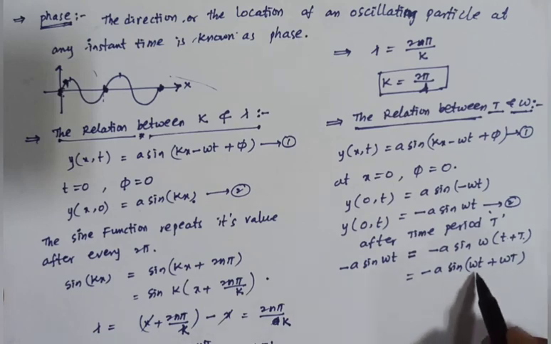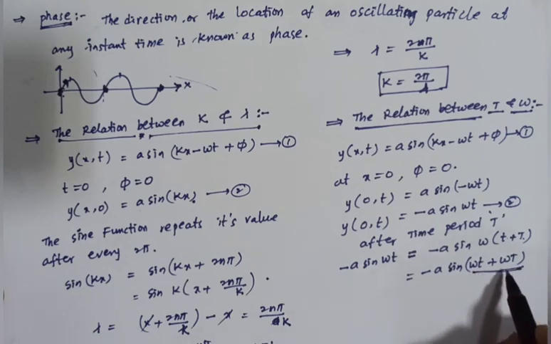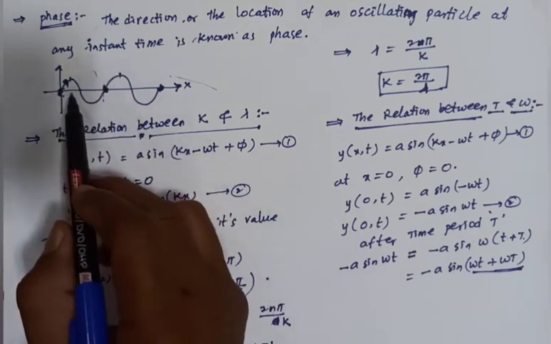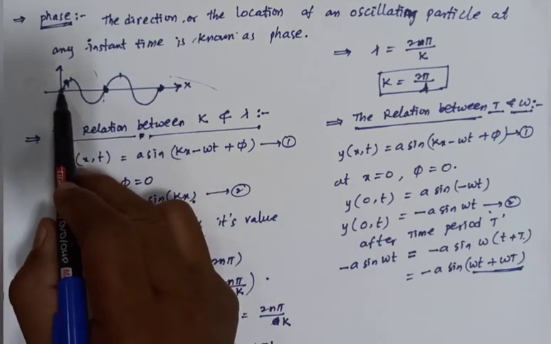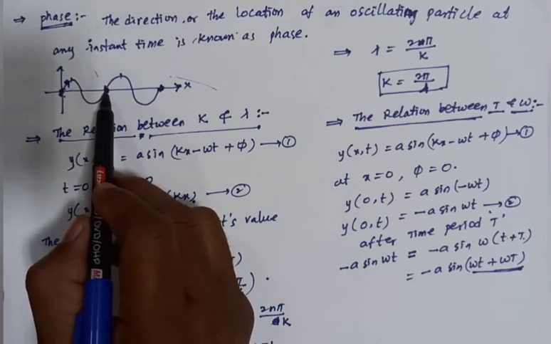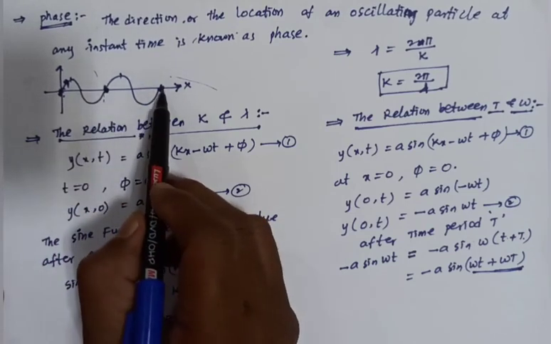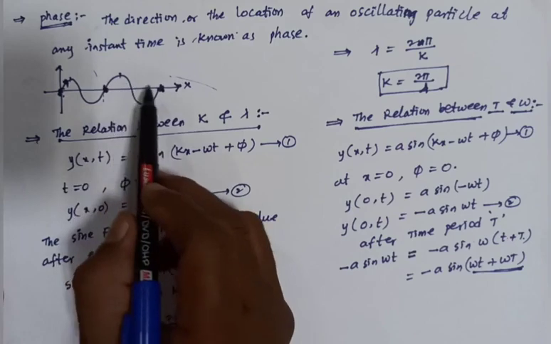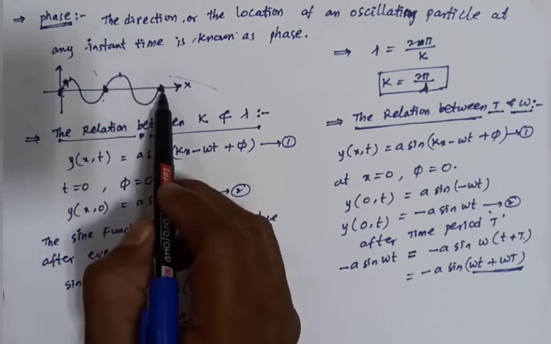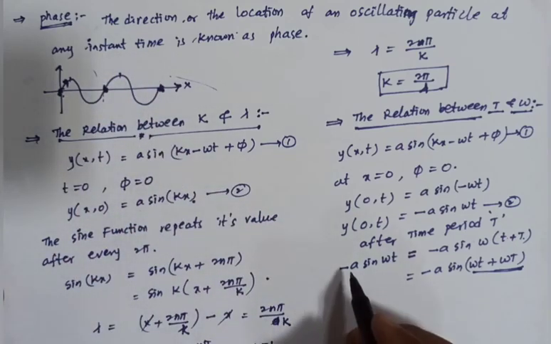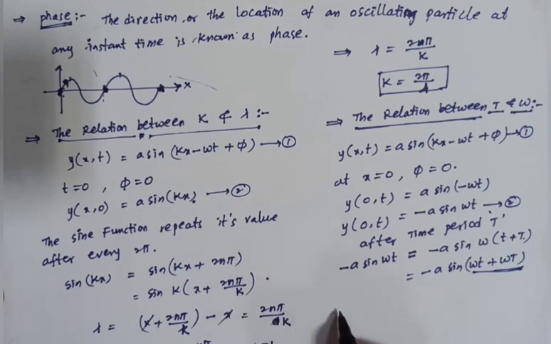One complete oscillation is 0 to 2 pi, then 2 pi to 4 pi, and so on, so the difference in phase angle is 2 pi.